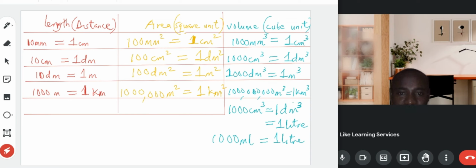And we also know that 1,000 cm cube is 1 decimeter cube. Remember, that's also 1 decimeter cube, which is 1,000 cm cube too.